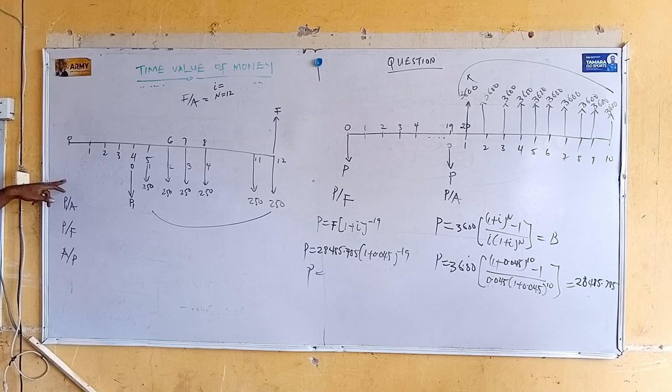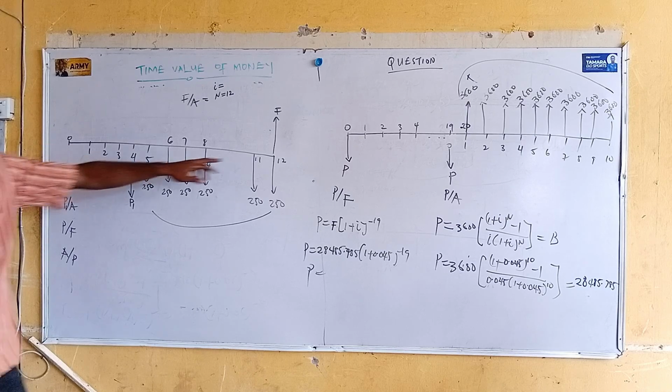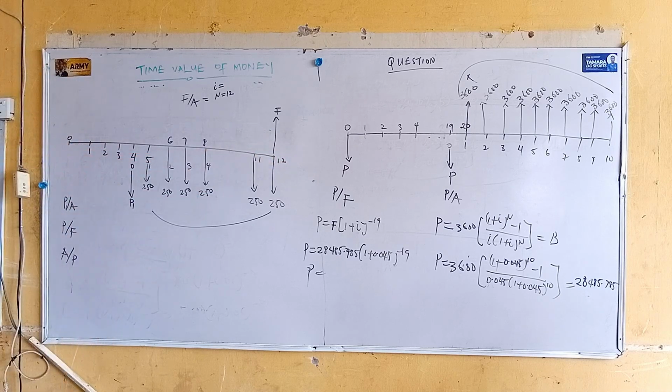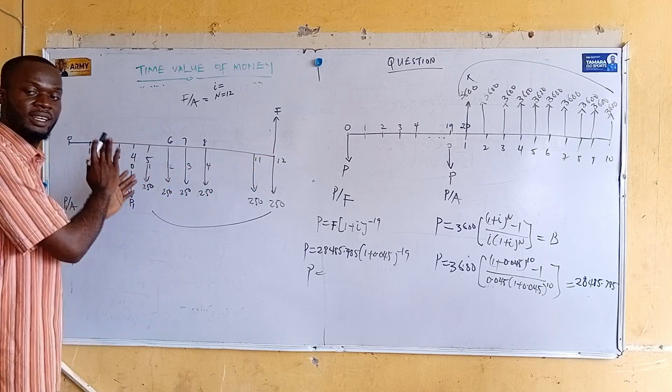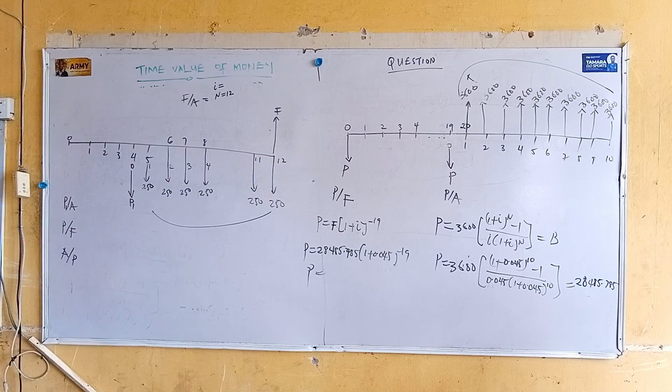We can find A given F instead of taking it to P. Same thing. You can find A given F straight away like that. Just take this one here and find A. It's better than this.